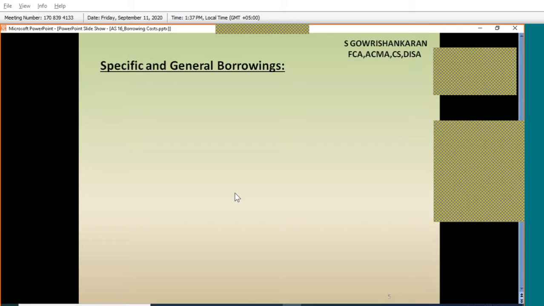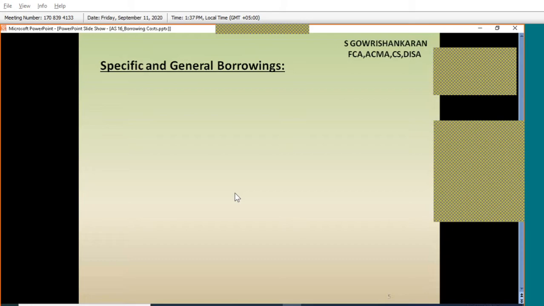Specific borrowing means I'm constructing a mall. It will take 5 years to complete the construction. Loan amount required is 100 crore, and I borrowed 100 crore. This 100 crore I am using fully and only for constructing the mall.